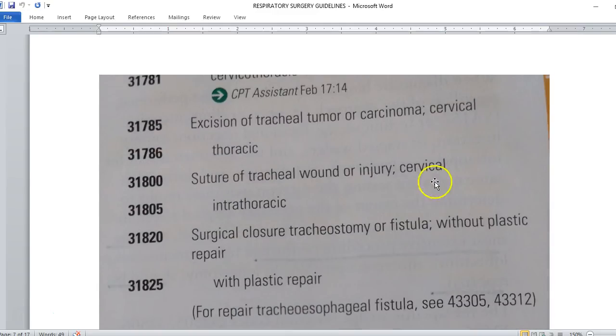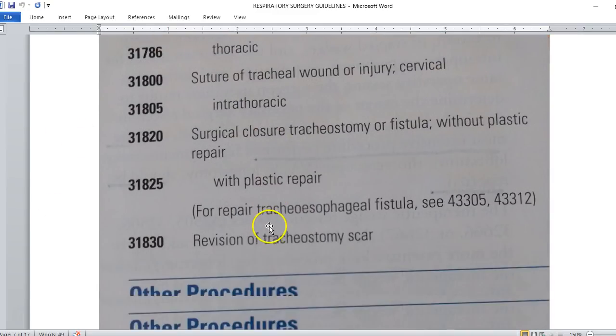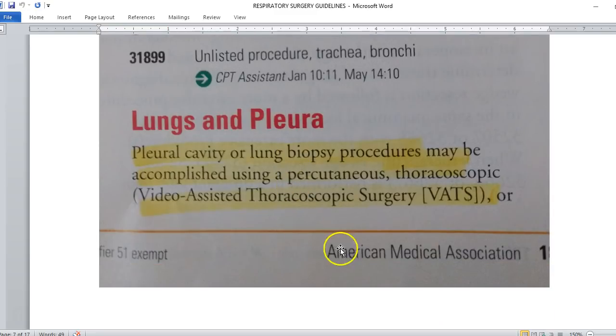Okay, so as we end the trachea, we get to the lungs and pleura. So we have something called VATS, video-assisted thoracoscopic surgery. So this is when we're basically using a super-powered microscope that attaches to a computer screen or a large TV so we can see what's happening inside the patient.